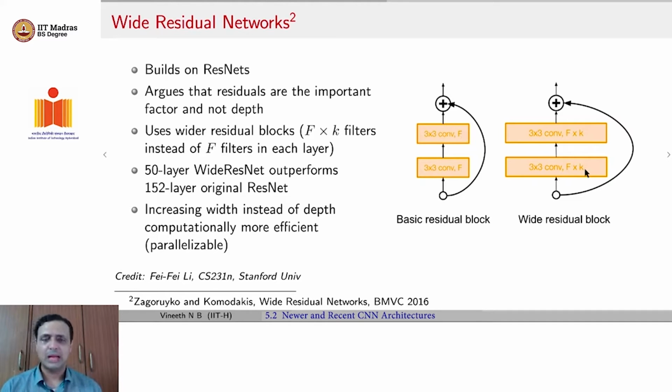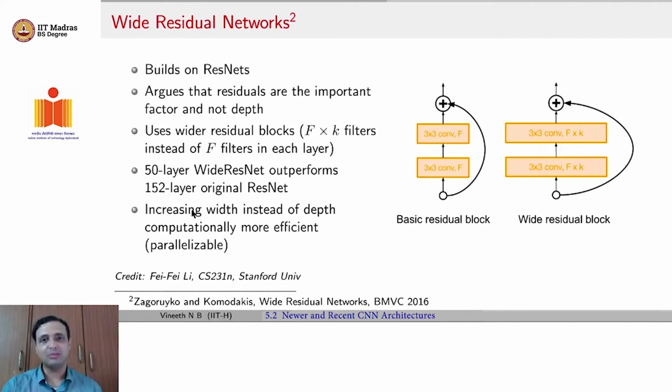And they showed that with this increase of width in each residual block, a 50-layer wide ResNet could outperform a 152 layer original ResNet.